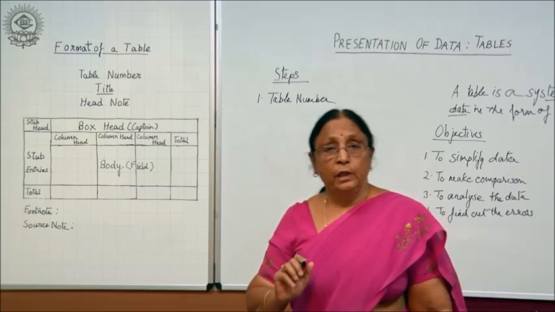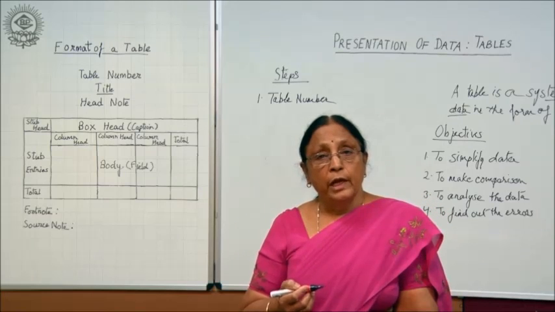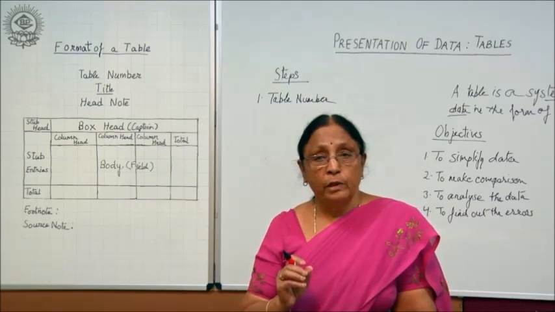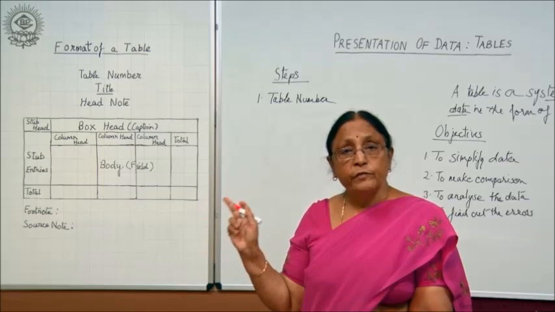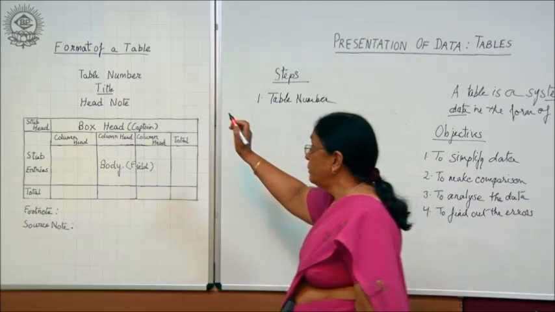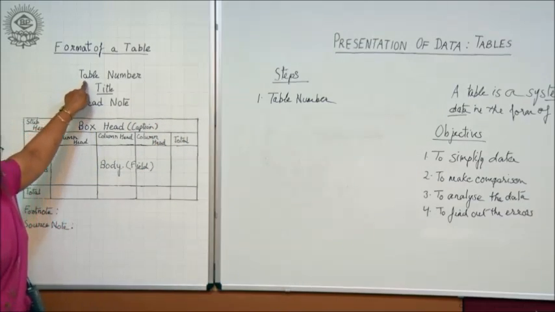We give a number. So in a chapter, suppose you are giving 2 or 3 tables and you want to explain a particular table, then how will you identify the table? How will you locate the table? With the help of the number, as we locate a person with the help of the name. So here the table number is the first thing given, at the top.